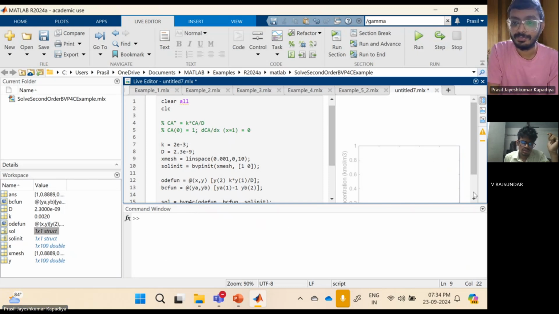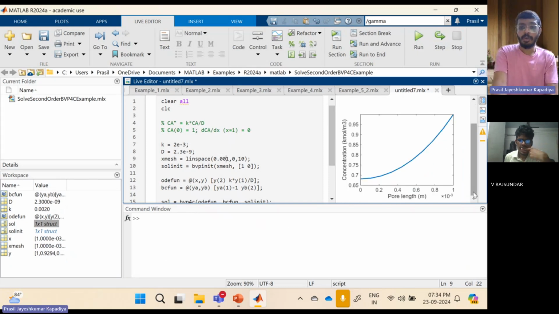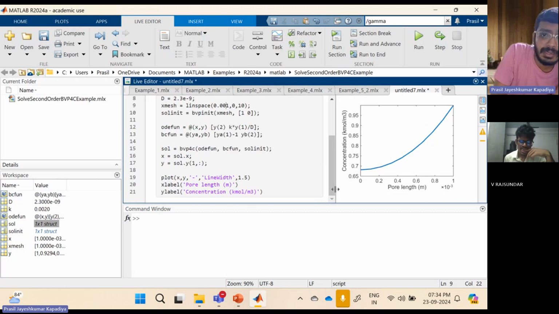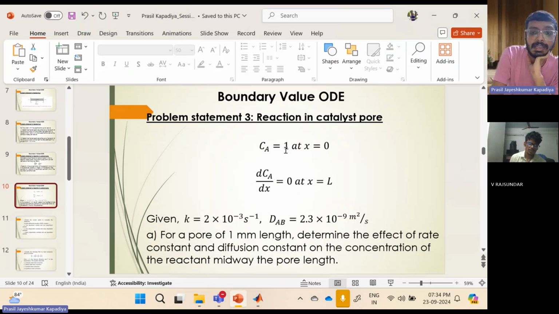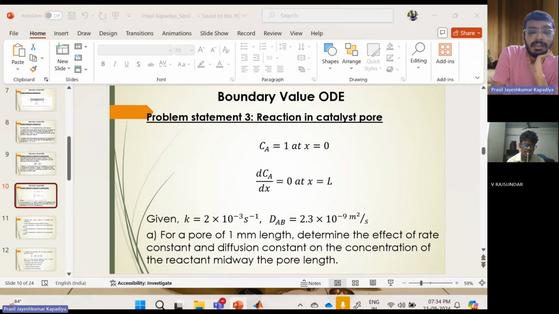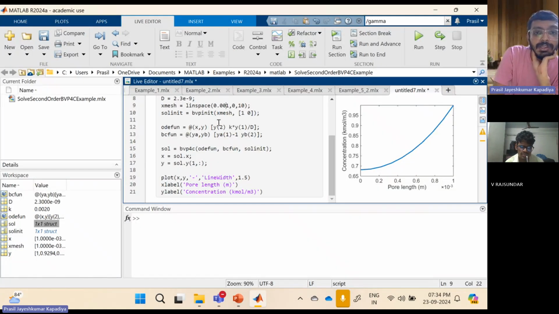Thank you. The point is I need to define from 0.001 to 0, because my first boundary condition is defined as x is equal to 1 mm. Yeah, it's correct. I'm sorry. It should be 0 to 0.001.